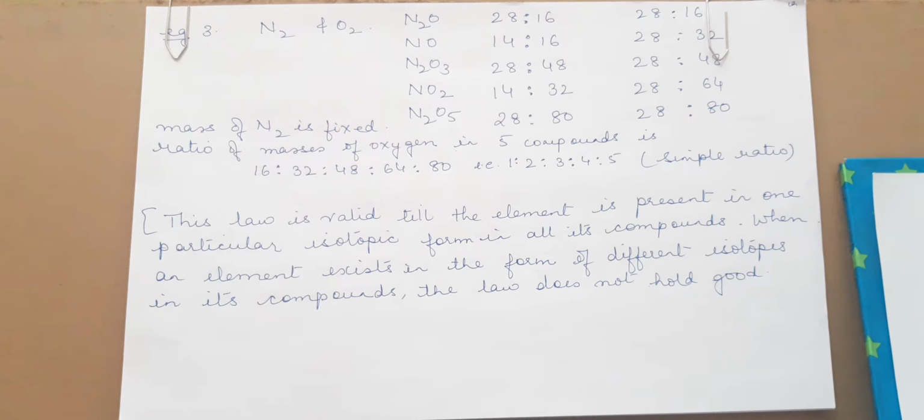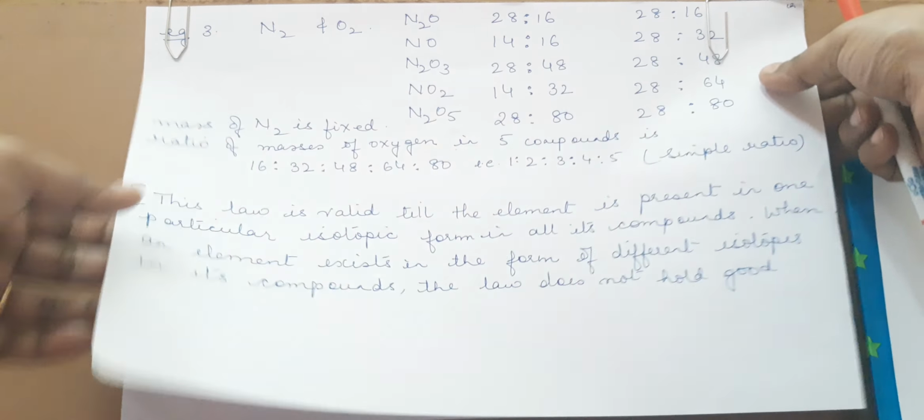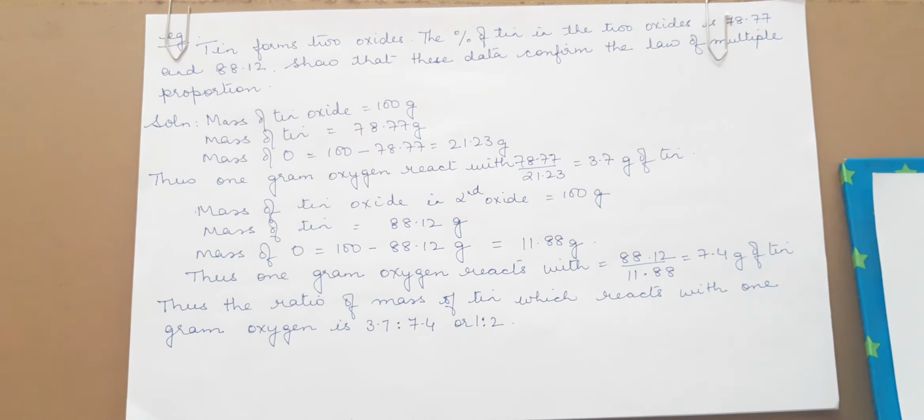So when we have isotopic forms of the particular element in the different compounds, we are not able to explain the law of multiple proportion. Otherwise, we'll be able to explain it in almost all compounds which have such a formation in terms of the same elements. Let us take, for example, a few numericals.